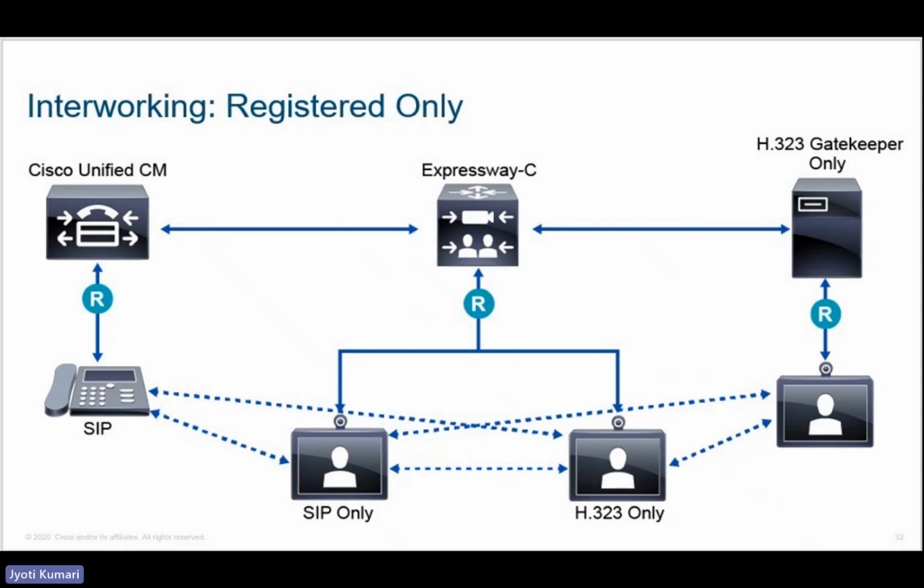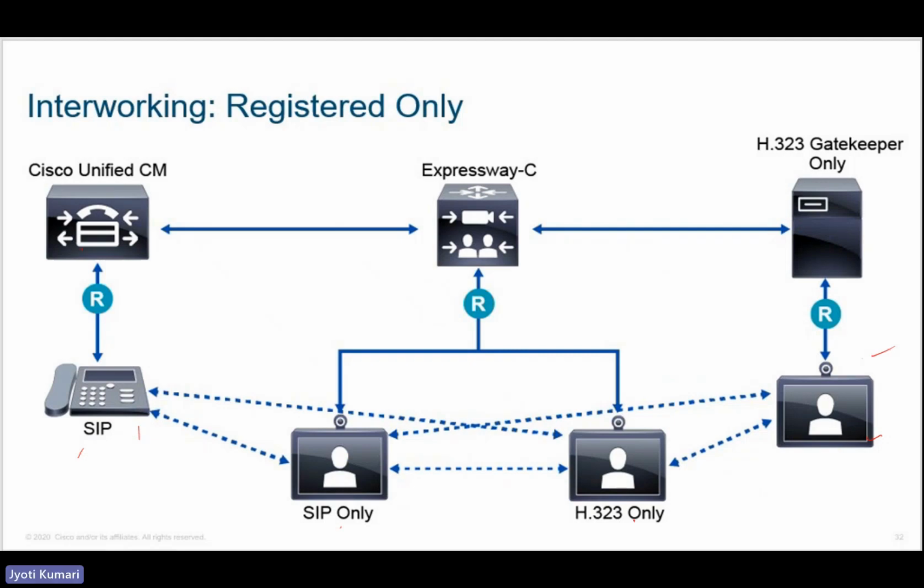So in this case, this SIP device and this H.323 device will not be able to communicate, as they are registered on CUCM and Gatekeeper. But SIP and H.323 devices registered on the Expressway C can communicate with other SIP and H.323 endpoints.